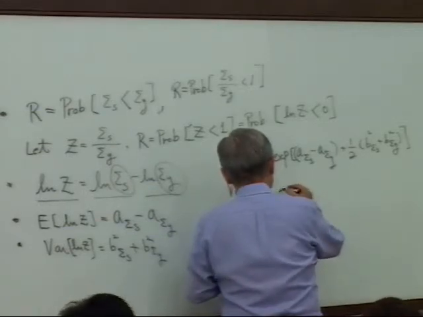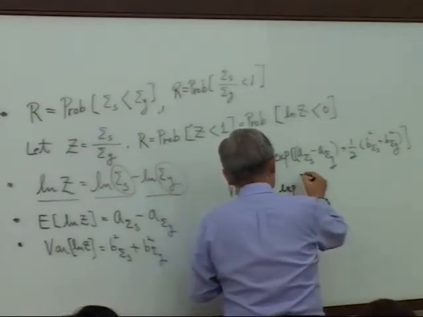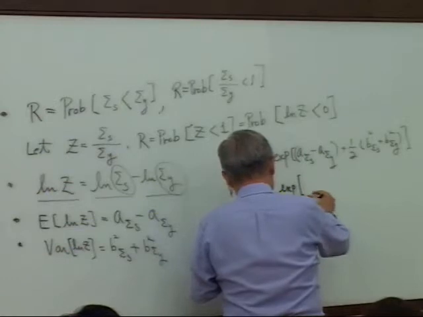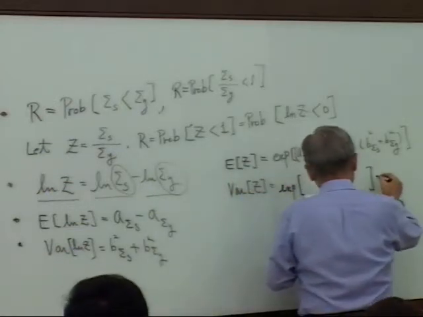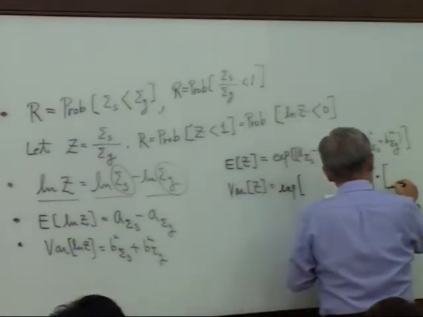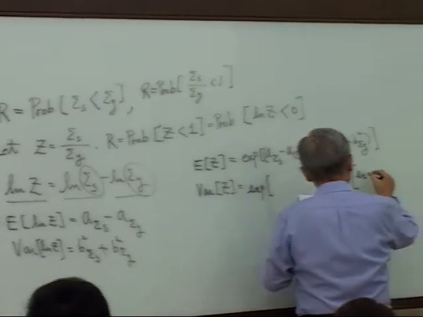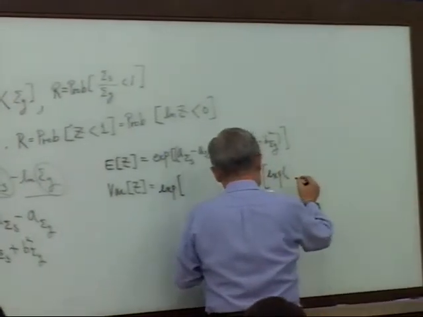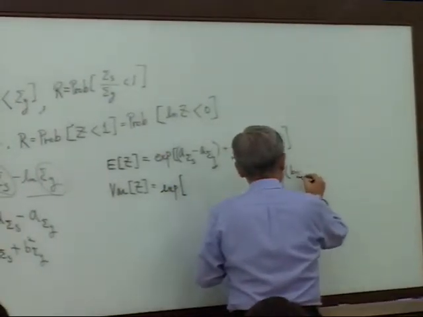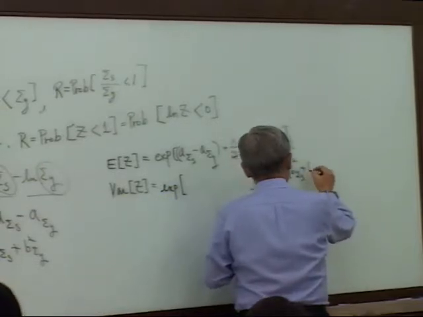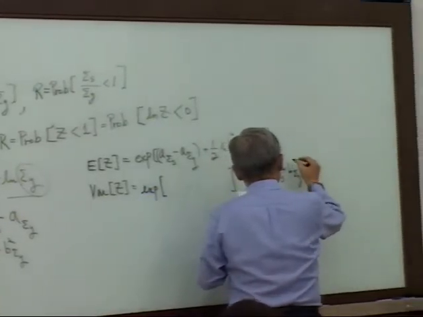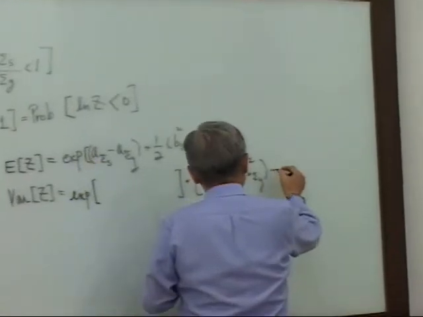This is an exponential function of this, times the exponential function of B sigma S squared plus B Y squared, minus 1.